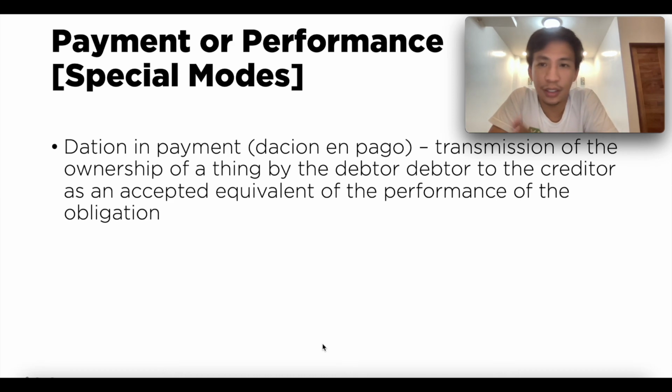Okay, here's the difference. Dun sa, gaya nung sa cession na diniscuss natin kanina, cession or assignment, ipapaubaya ni tao yung property niya dun sa creditor niya. Yung creditor magbebenta nung thing, at kung magkano yung proceeds nun, i-apply yun sa debt.